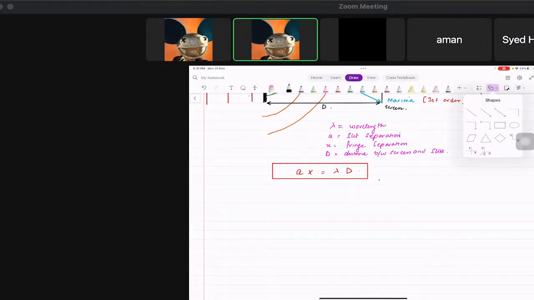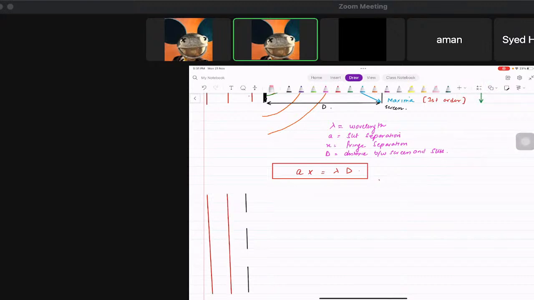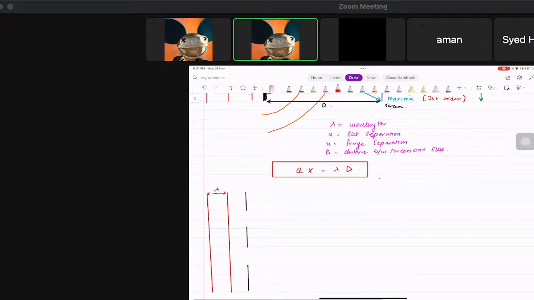Now, suppose you have slits like these, okay? And a wavelength like this.